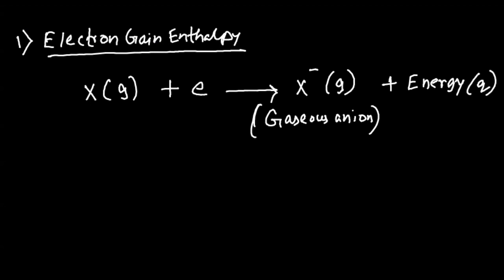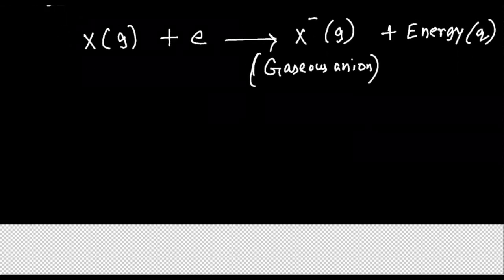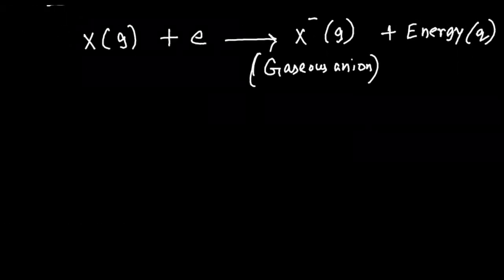Now, in this aspect, there are variations across the period and down the group. So, first of all, we will discuss the trends of electron gain enthalpy across a period.